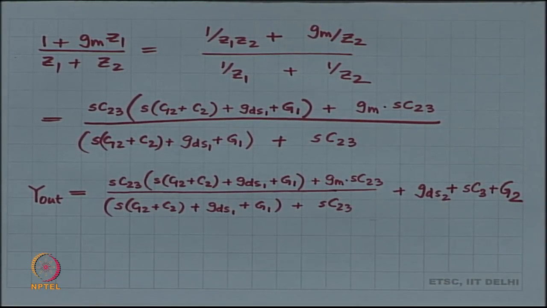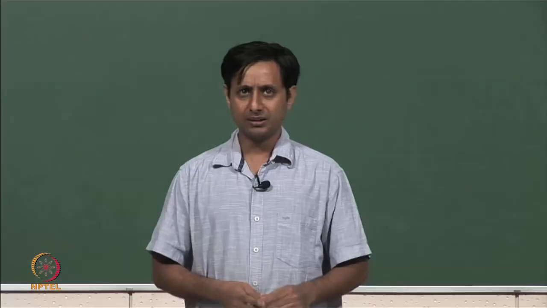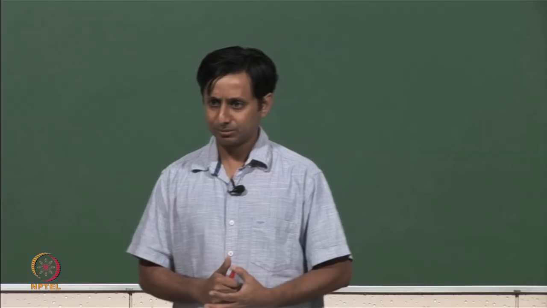Fine. And what is my Z out? Z out is 1 by this entire monster. Okay. Now, where are we leading to? What are we leading to? Can we look at the poles and zeros of Z out?